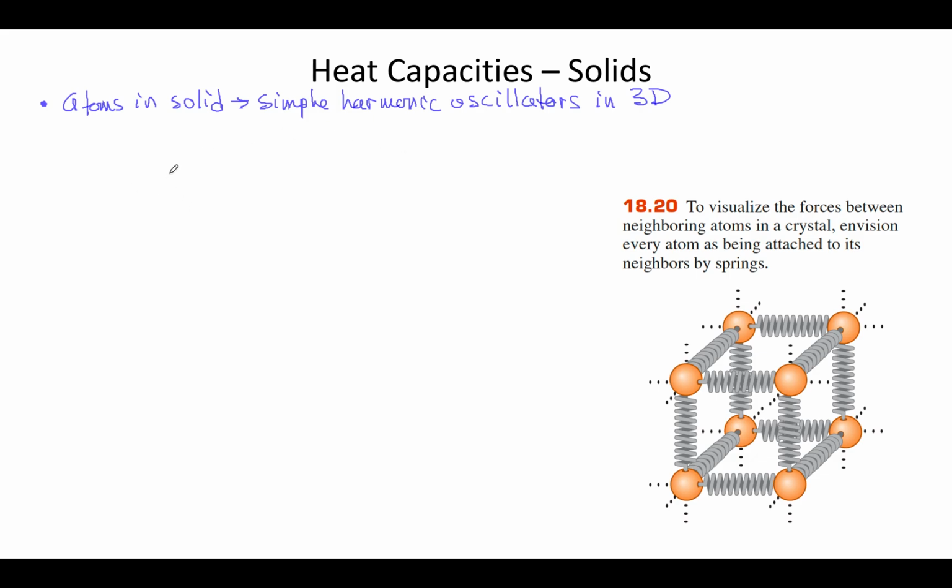So think of an atom sitting there in space, and it's attached to its nearest neighbor up here. They give no direction, so I'm going to go ahead and say there's your z direction, there's your x direction, there's your y direction. So the model in normal conditions is that the intermolecular bonding forces act kind of like springs.